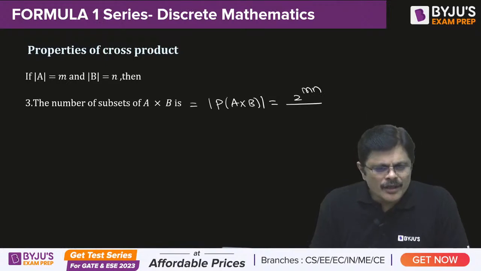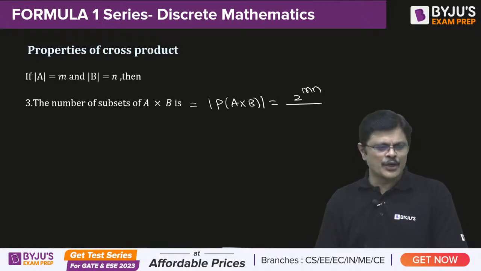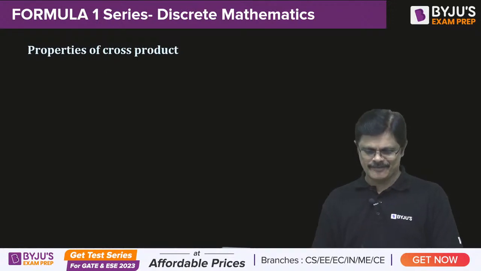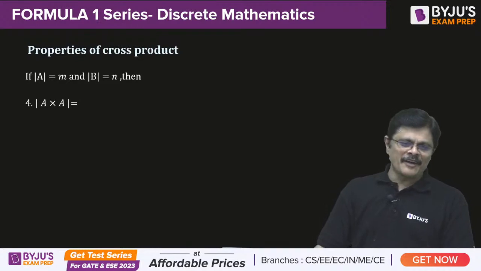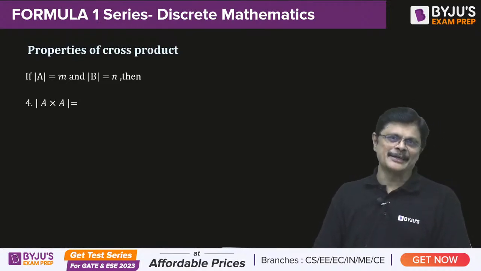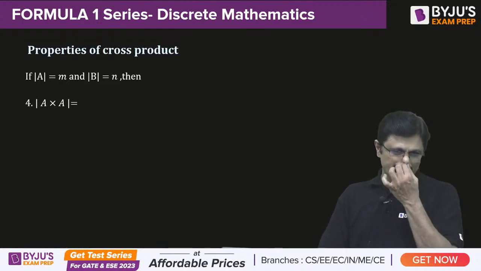A contains M elements, B contains N elements. Number of elements in A cross A. How many elements are there in A cross A?